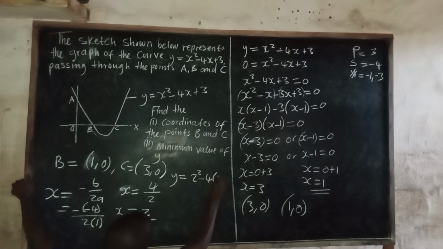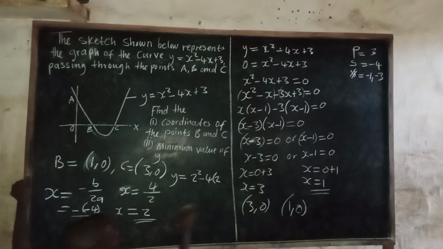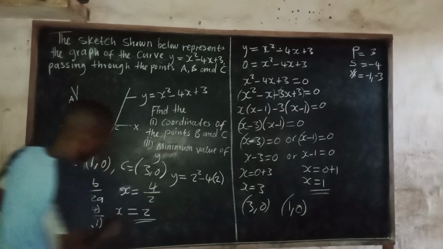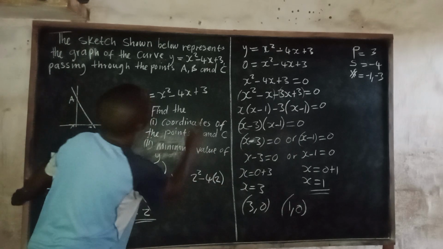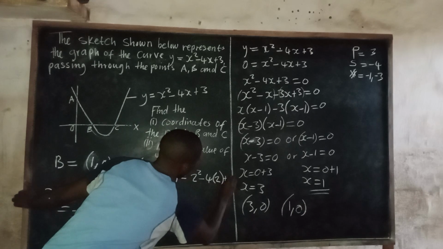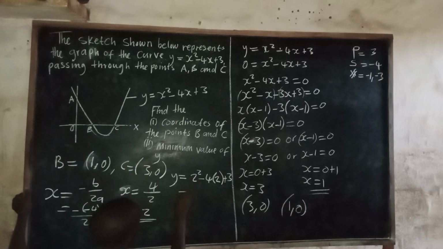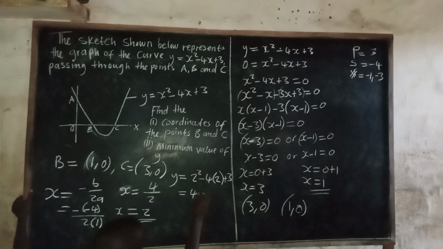Where there is x, put 2, because that's the value of x. Then we come to the last part, which is plus 3. Then we simplify. When you square this, you have 4, which is 2 squared. Then negative 4 times 2 is negative 8. Then plus 3.